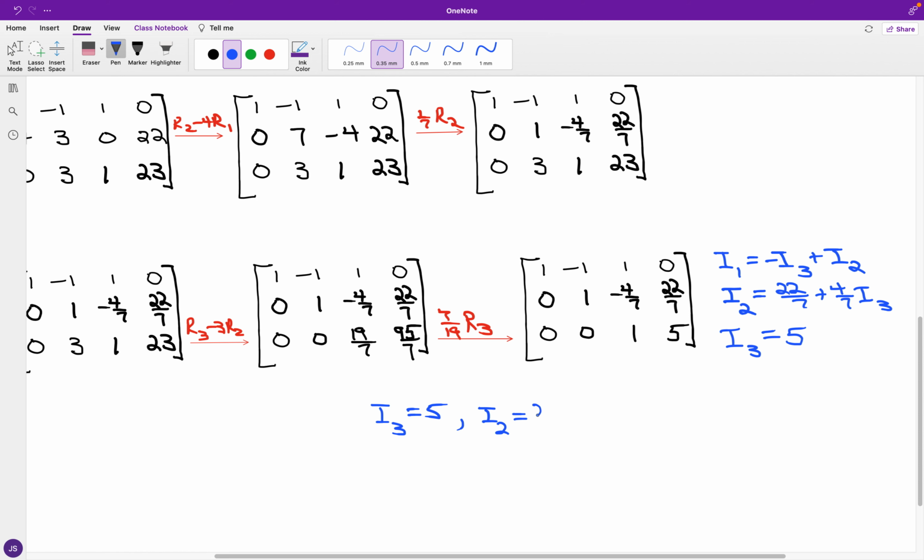And I of 2, so I have 22 sevenths plus 4 sevenths of I of 3, which is 5. And guess what? So we have I of 2 is going to be 22 sevenths plus 20 sevenths, and the sum of the numerators will be 42 divided by 7, so I of 2 is going to be 6.